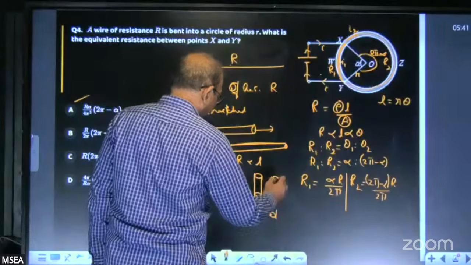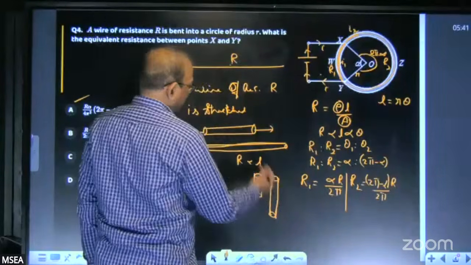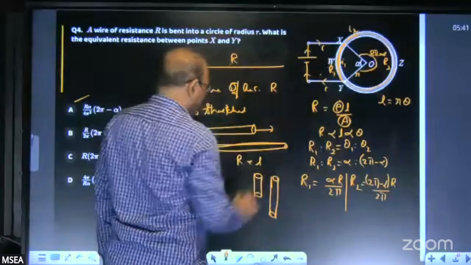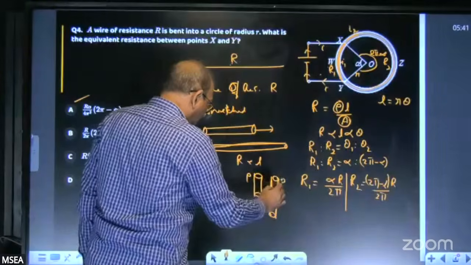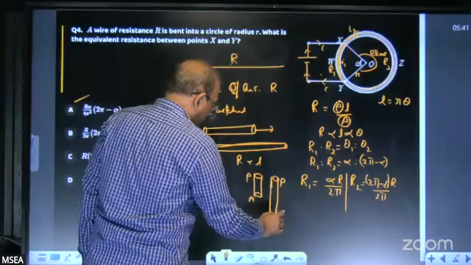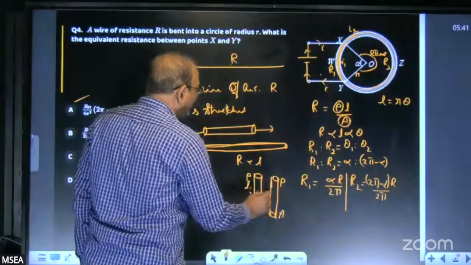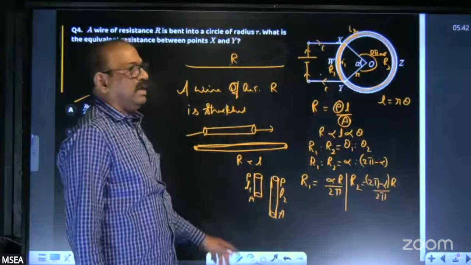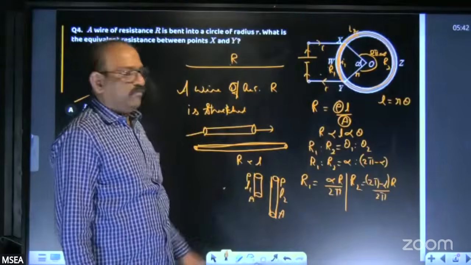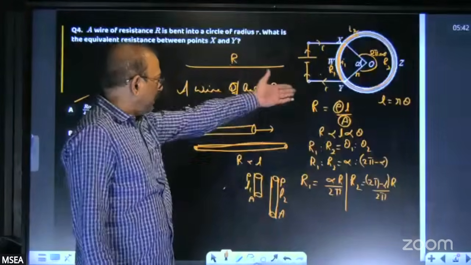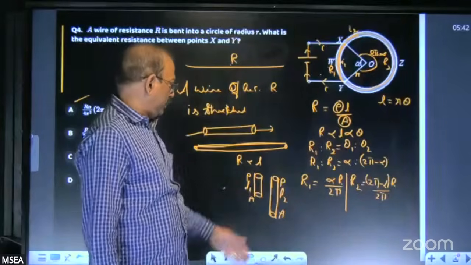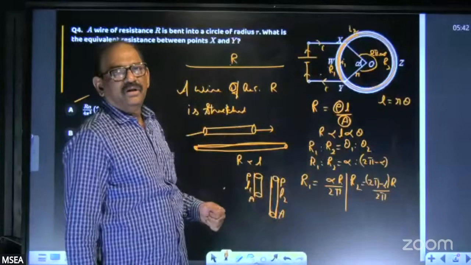Length is different but area is the same. The material is the same, meaning resistivity is the same. In this case I can write R proportional to L, R1 is to R2 is L1 is to L2, because resistivity and area of cross section are the same.